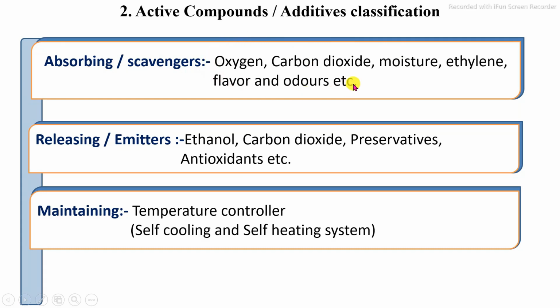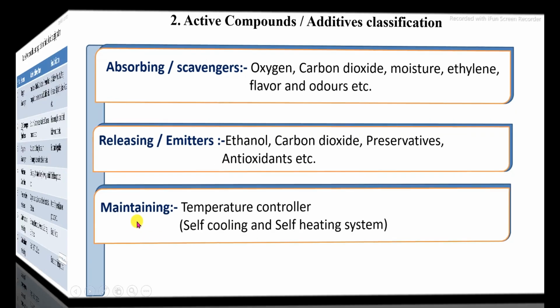Then the releasing compounds, also called emitters, which release ethanol, carbon dioxide, preservatives and antioxidants. And the third group maintains the internal temperature: the self-cooling and self-heating systems. These are the three main systems incorporated into packaging, called active packaging systems.